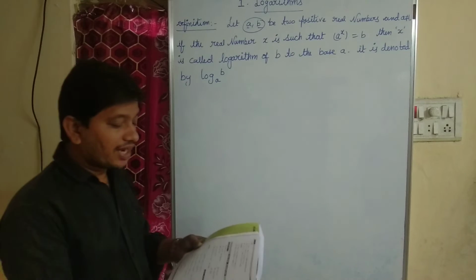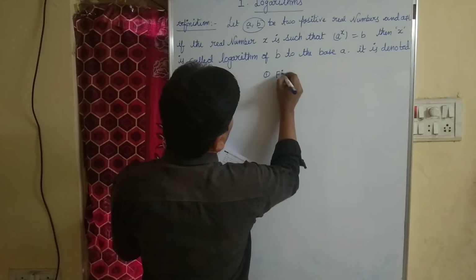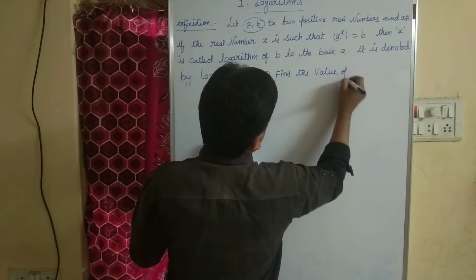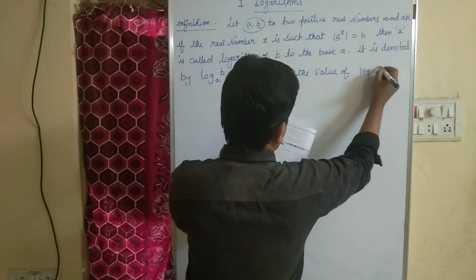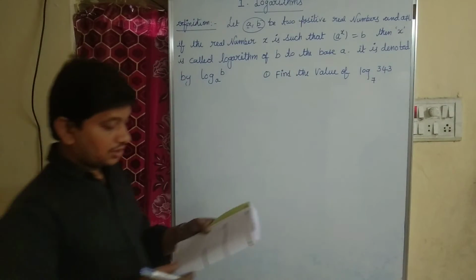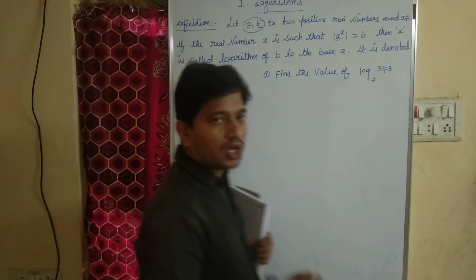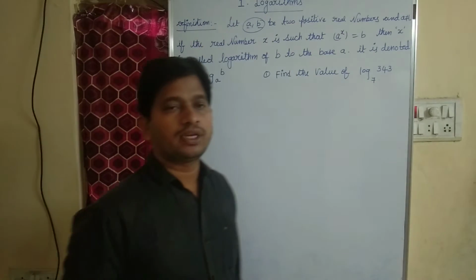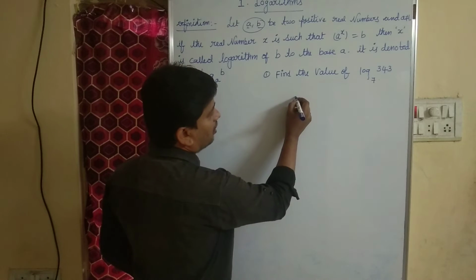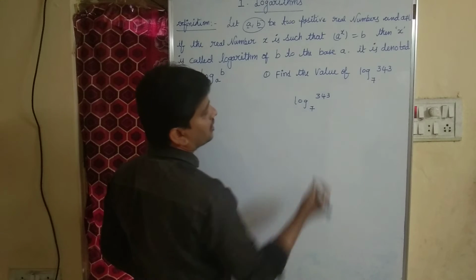For example, find the value of log 343 to the base 7. See, this is in logarithmic form, log 343 to the base 7.